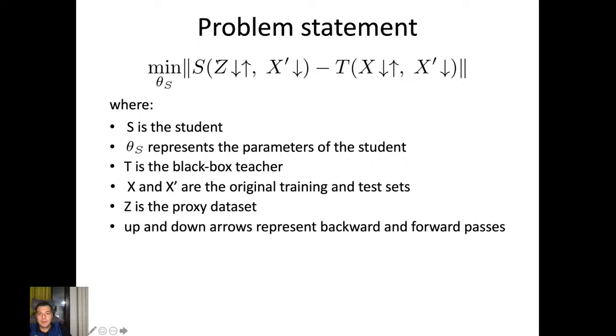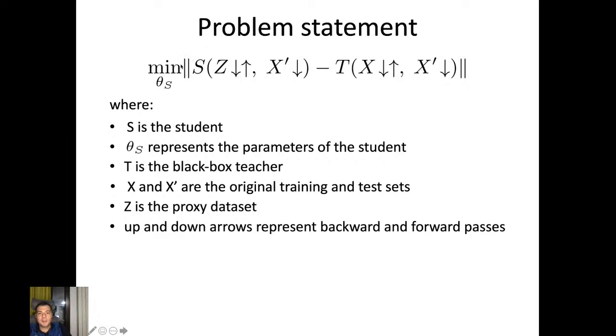Here the arrows indicate the forward and the backward passes through the model. So this means that we do training on Z and we just test on X. Here we do training on X and we test on X prime.